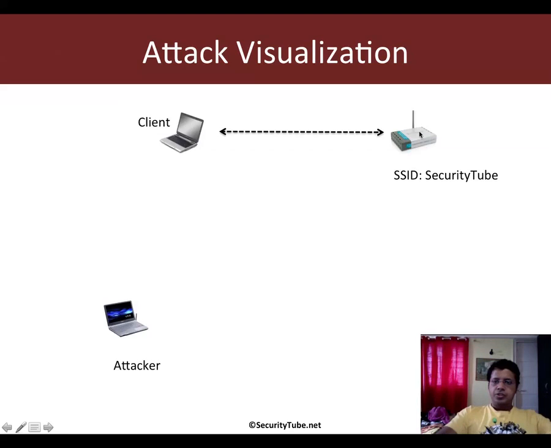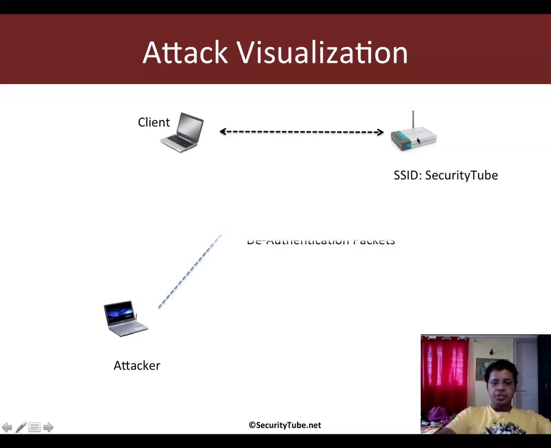Now, here is the authorized access point broadcasting an SSID SecurityTube, and we have a legitimate client which has connected to this access point, and we also have an attacker in the same RF vicinity. So what the attacker will do is he will advertise the same SSID SecurityTube, right? But the client is currently connected to the authorized access point.